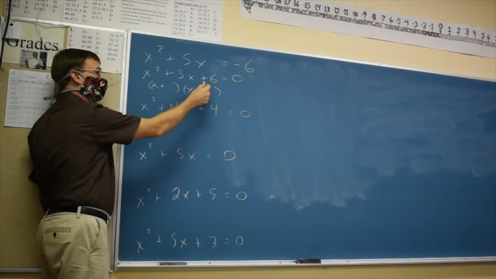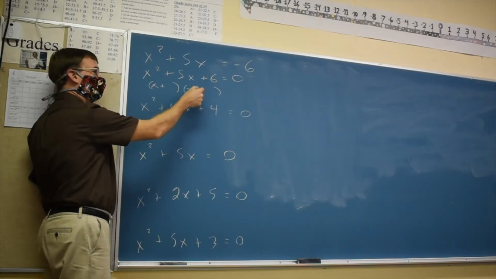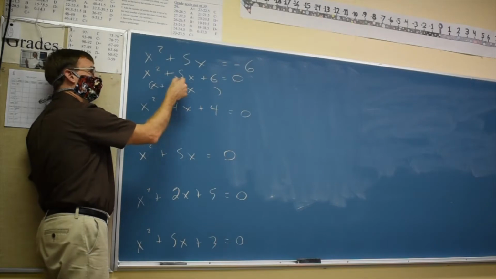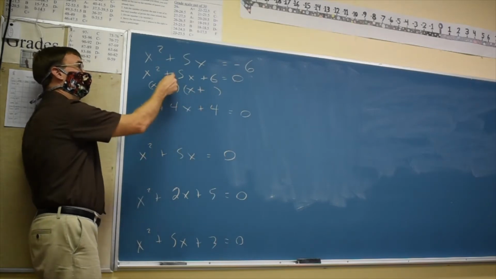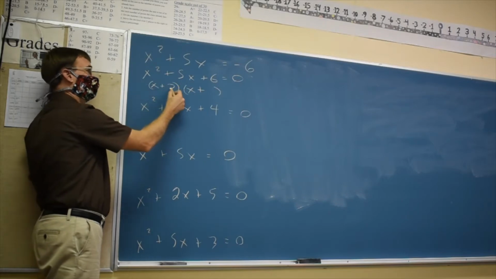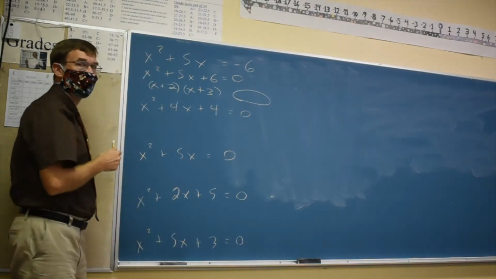As long as this is a plus, these have to be, not necessarily. If that's a plus, they'll have to be the same as the first sign, which is pluses in this case. But if this were a minus, these would be minuses. 2 and 3. So what are the answers to that?